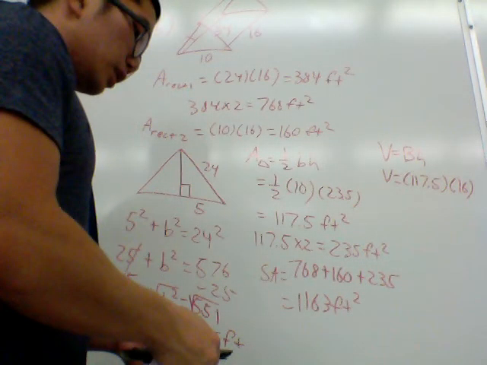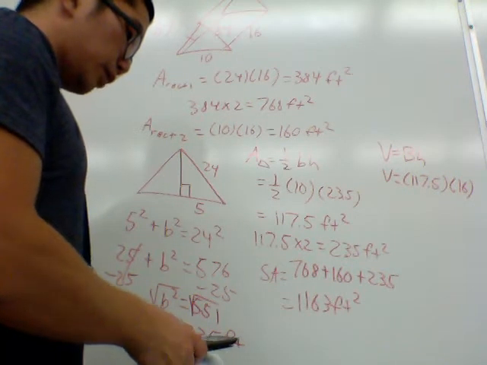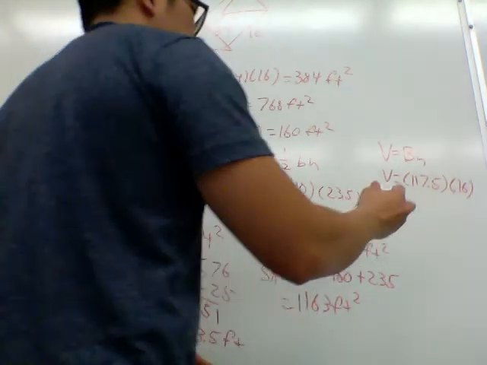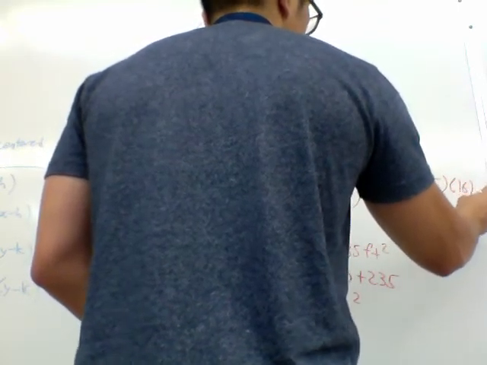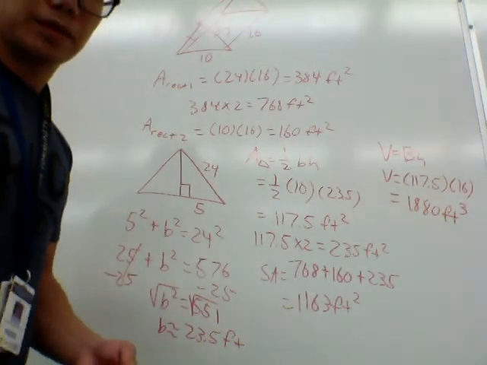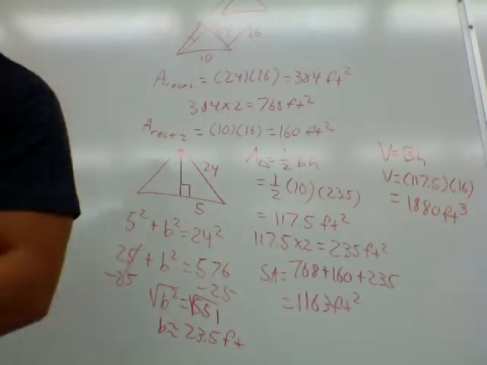Okay? So I would do 16 times 117.5, and that gives me 1880 feet cubed. Okay? So that's how you do number 6.